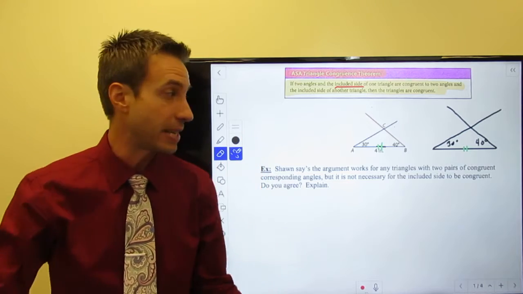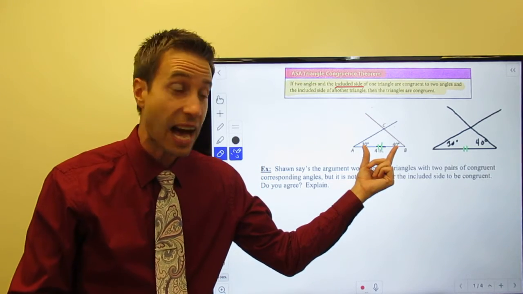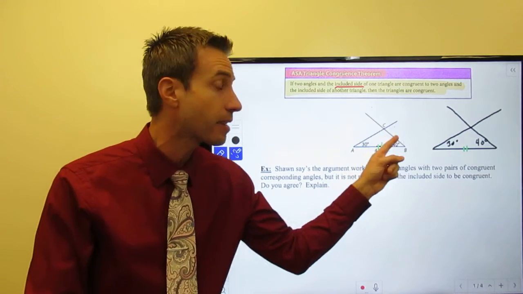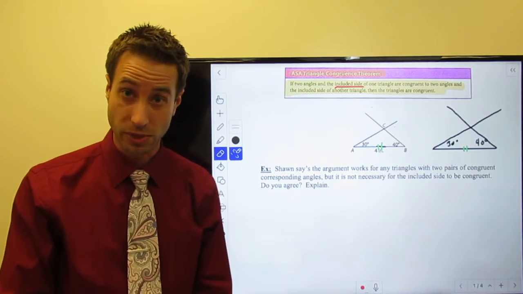They have to be, because it's this included side, by making it longer or shorter, that determines the length of the other two sides, all right?